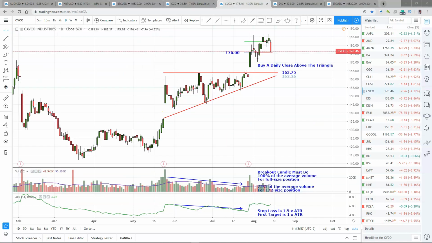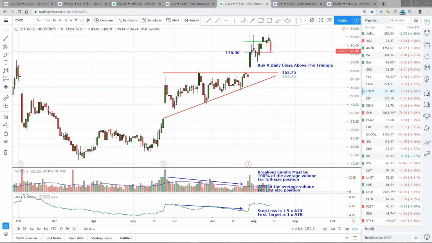Here's Cavco Industries. This ascending triangle, which is just a flip of the descending triangle, has a strong resistance level here and a series of higher lows putting pressure on that. You can see this resistance level was attacked here, here, here, maybe there, 3 times here, so arguably 7 times.